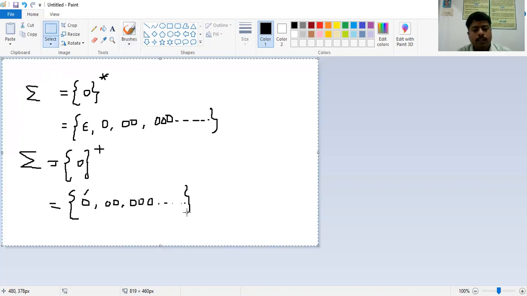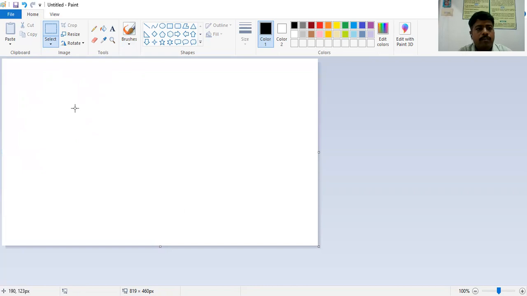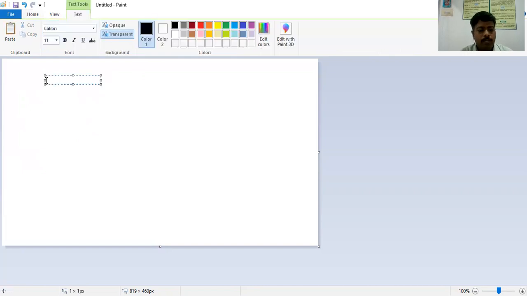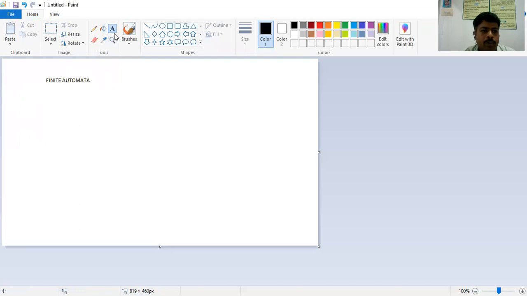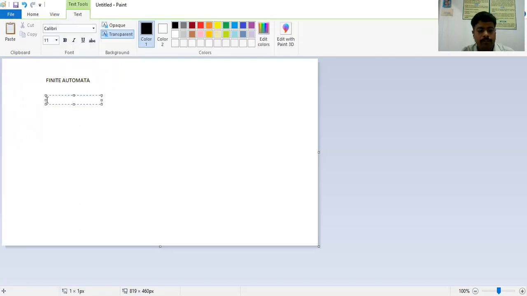So next, we come straight to finite automata. In this finite automata, we are going to classify into two types: one is DFA and one more is NFA.